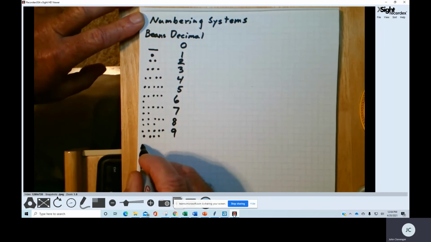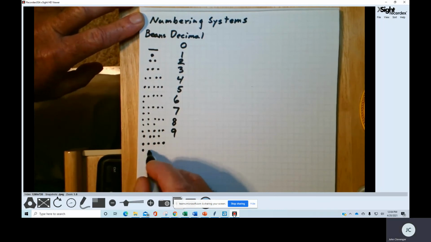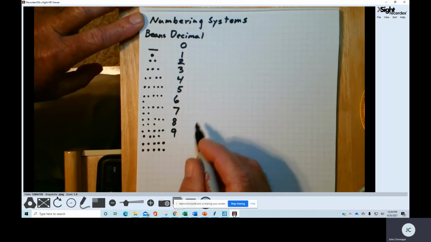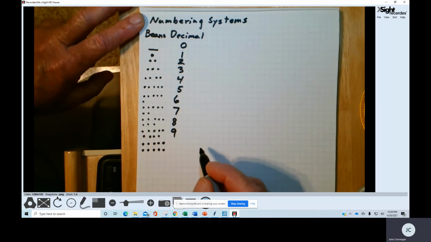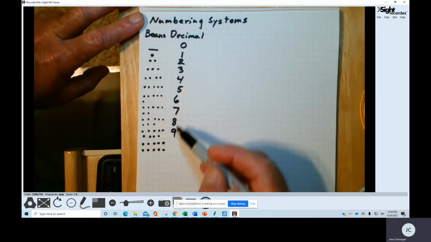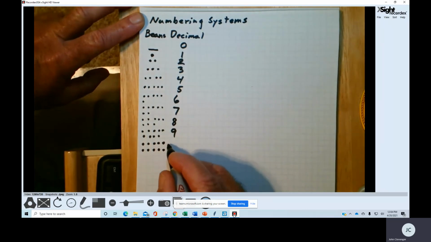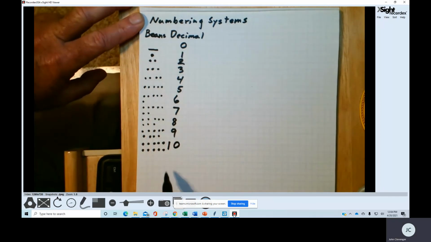And of course, if I have 10 beans that I'm counting or quantifying, after I get to 9, I've run out of symbols that represent quantities because I only have symbols from 0 to 9. So now I have to put a 1 in the second column and a 0 in the first column.